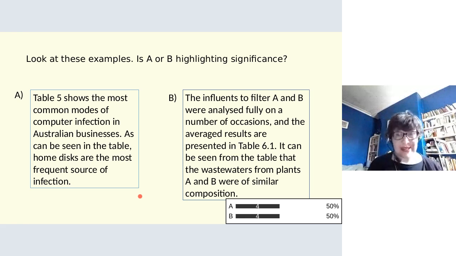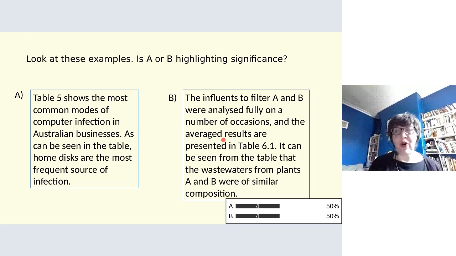As I said, it is quite tricky. Now, what the difference really is if we see B, and remember, these are good examples of how you can write that little summary underneath your table or your graph. You can see it's only a sentence or two. That's all you need. So in B, we've got, filters A and B were analysed, and the average results are presented in table 6.1.